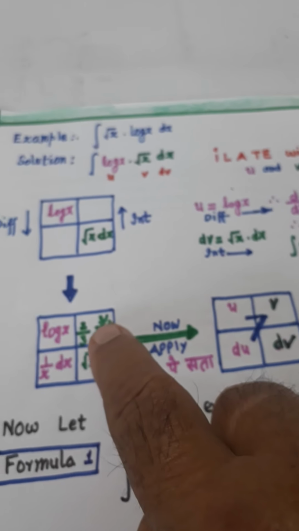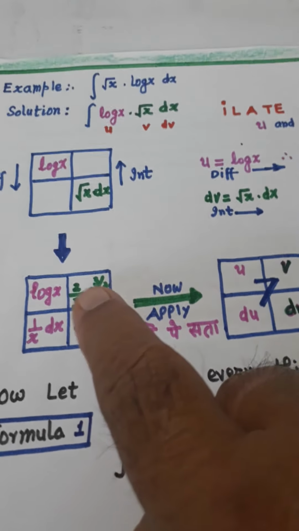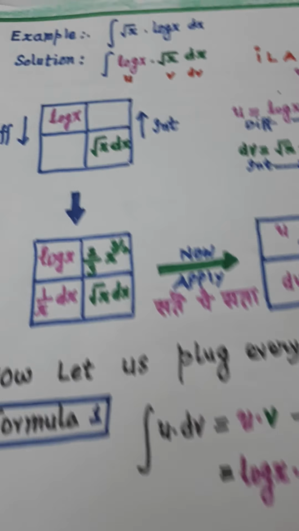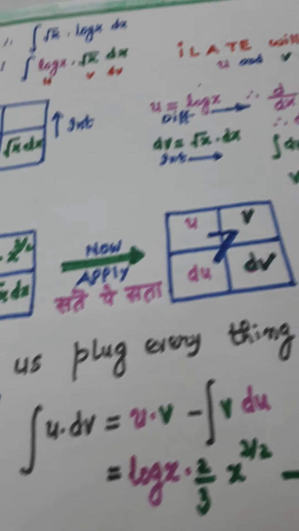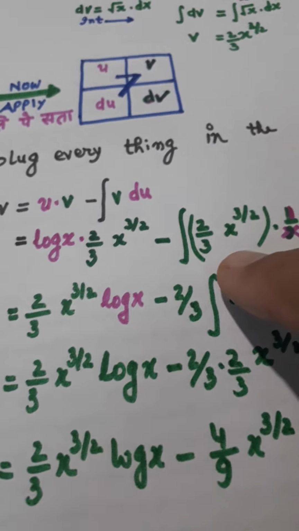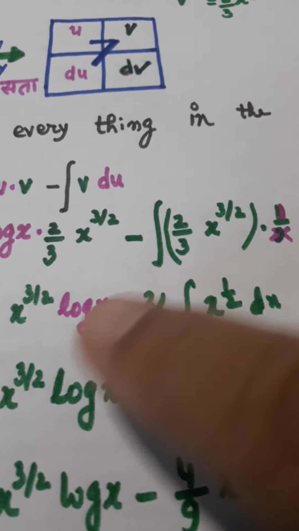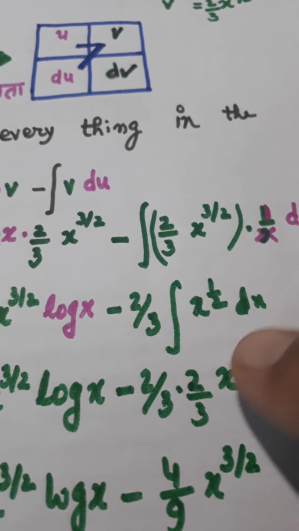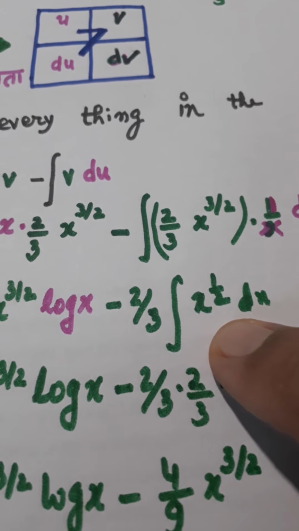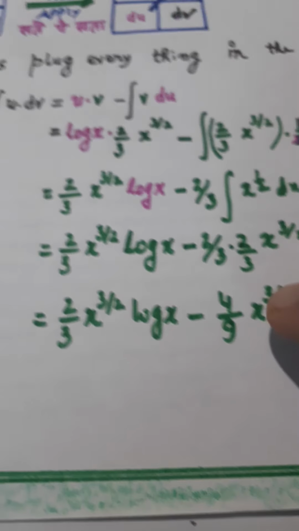If you compare it, v is this. So substitute the values, and you will find the result has become like this. Now solve this part. This is already done. Now it is simply a power formula. Apply the power formula and get the result.